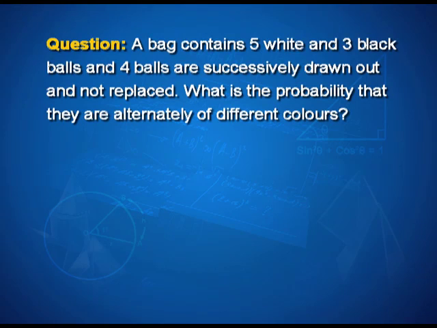Here the problem says that a bag contains 5 white and 3 black balls. 4 balls are successively drawn out and not replaced. What is the probability that they are alternately of different colors?